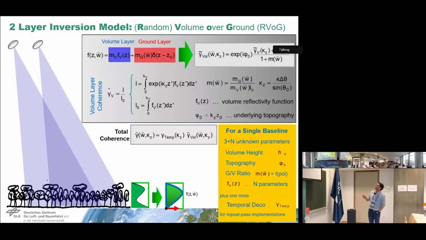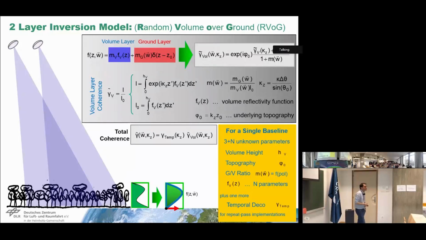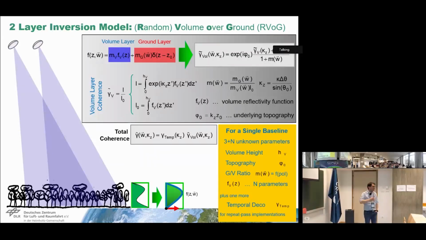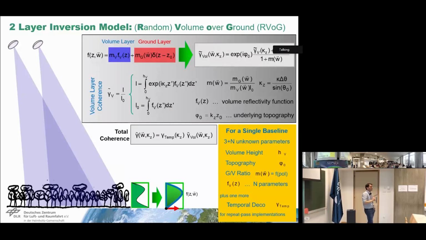And then you have the vertical reflectivity function of the volume only. This will depend on a number of parameters. Now you see that already with one polarization, you have 3 plus n unknown parameters, where n is the number of parameters with which you model the volume-only vertical reflectivity function. This is for one polarization. In one polarization, you measure one coherence. How many independent numbers do you have in one coherence? A coherence is a complex number.